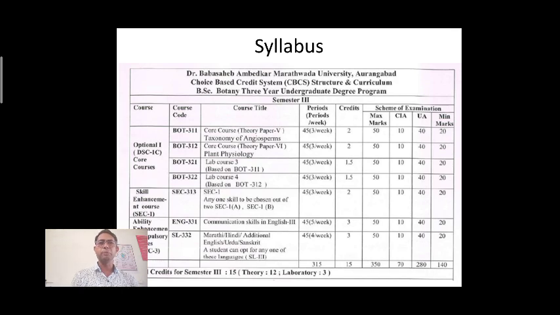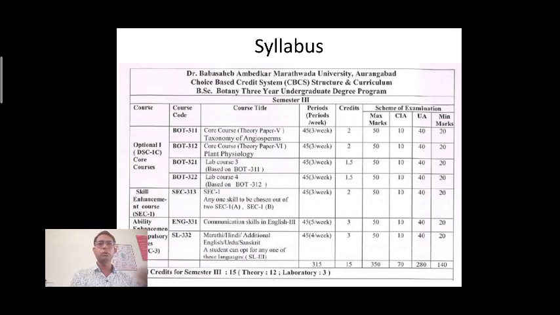Now the skill enhancement course includes a skill based enhancement program, and the ability enhancement course includes communication skill in English, and the student needs to study a second language, that is either Marathi, Hindi or additional English, Urdu or Sanskrit, any one of these languages.